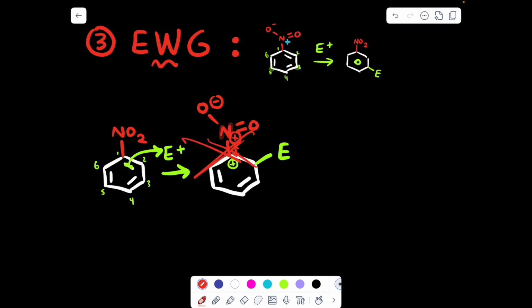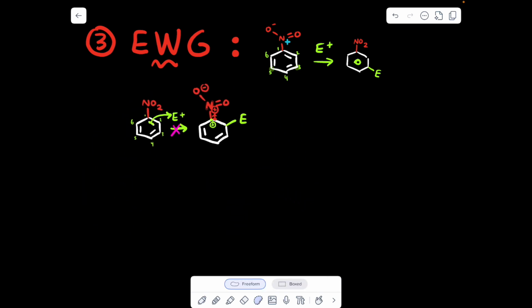This is a terrible interaction, you have a cationic nitrogen and a cationic carbon right beside one another. This is not stable. Therefore, E pluses do not add to the ortho position when you have an electron withdrawing group on the benzene ring.